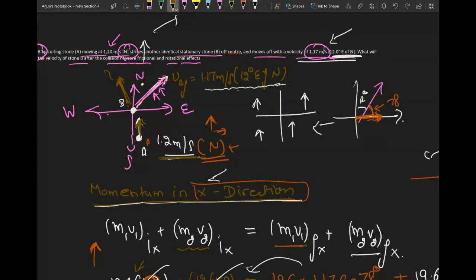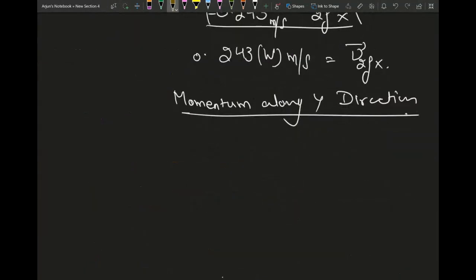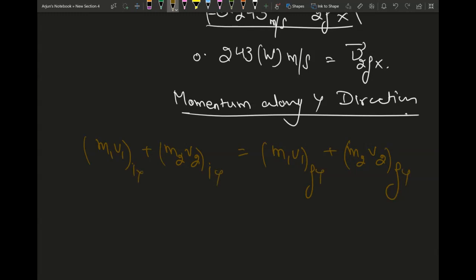So there is 1.2 north. This is what I have to use. So again, rewriting the equation, m1v1 plus m2v2 equal to m1v1 plus m2v2. This is initial, this is initial, this is final, this is final. And this is in the y direction. Everything is in the y direction now.